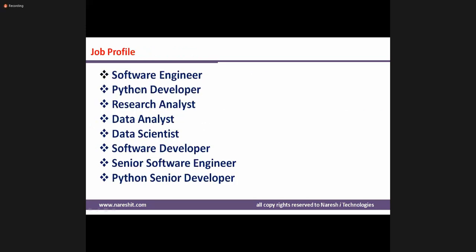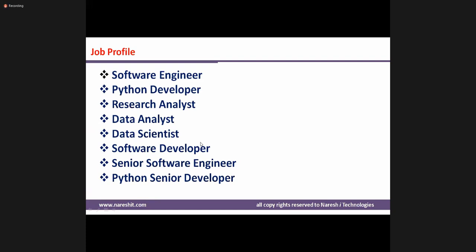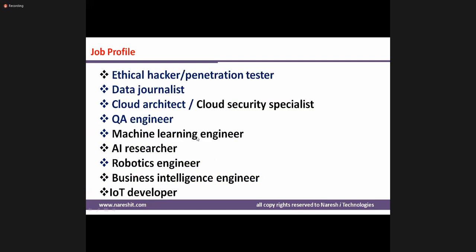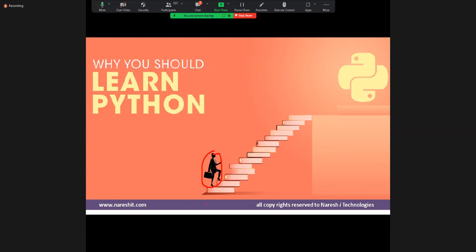To select any one of these job profiles, we need to have the Python coding language. In the demo sessions only I said what the different job profiles are. These many job profiles where Python coding is compulsory. That's why our journey started from here onwards.